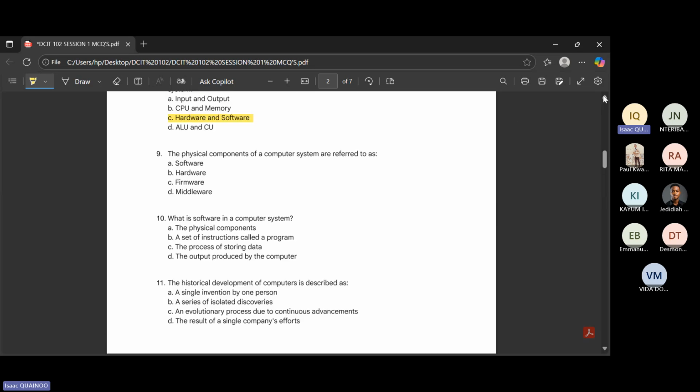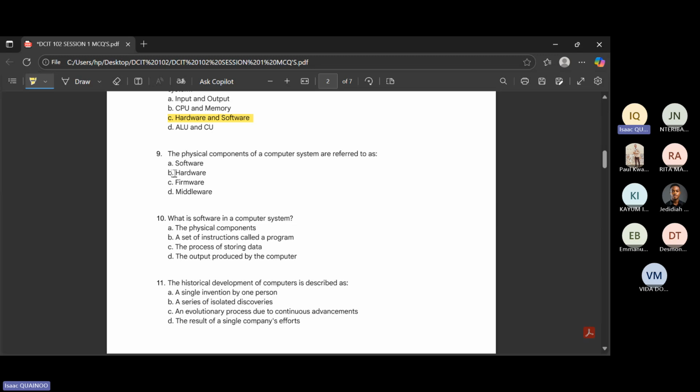We are on 9. The physical components of a computer system are referred to as, so I think someone can just say it straight away. The physical component of a computer system is the hardware. What is software in a computer system?